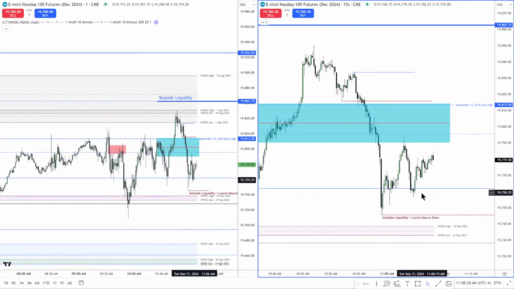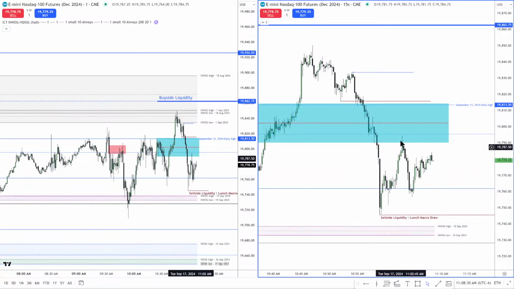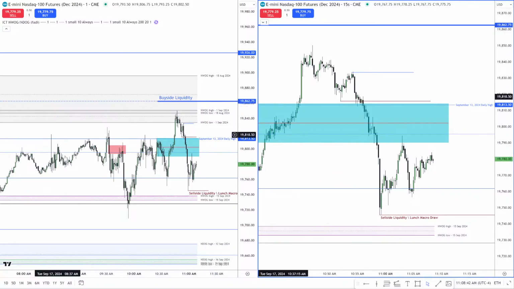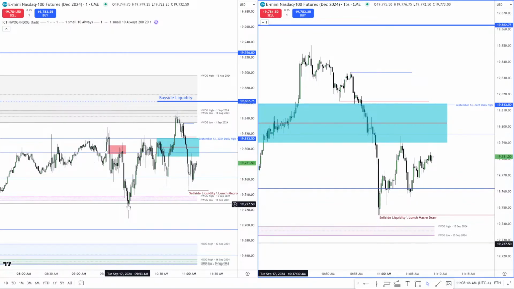where we're at, what time we're at, and how it just delivered that little tiny wick into the lower half of that breaker I was annotating. I feel like we've pushed it up a little bit from 930's high. We went lower.